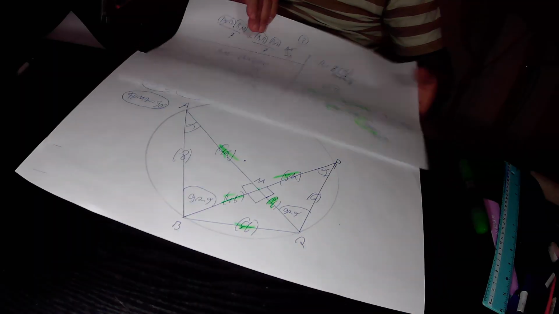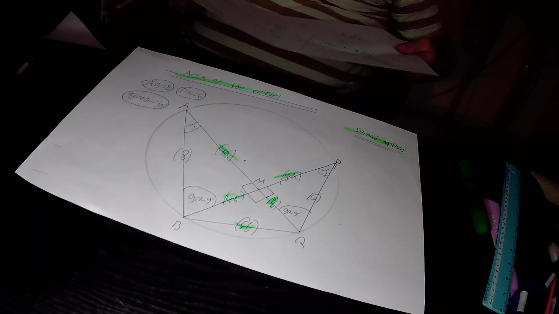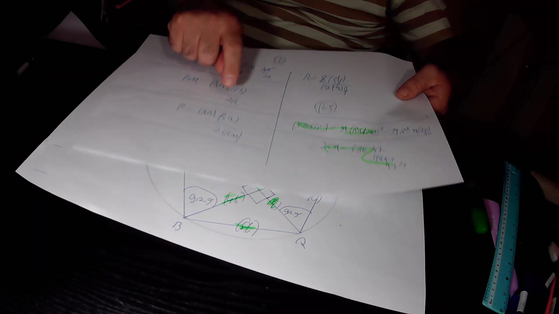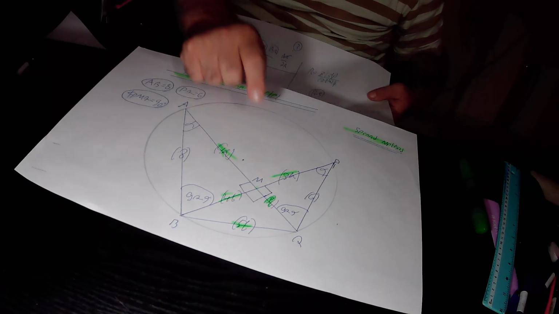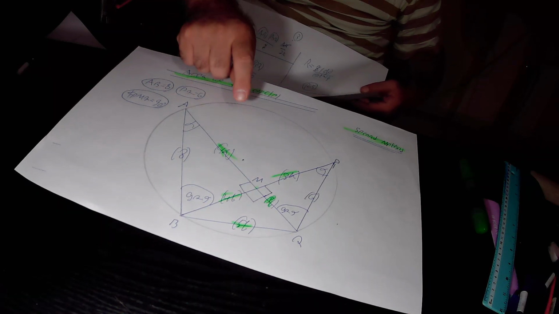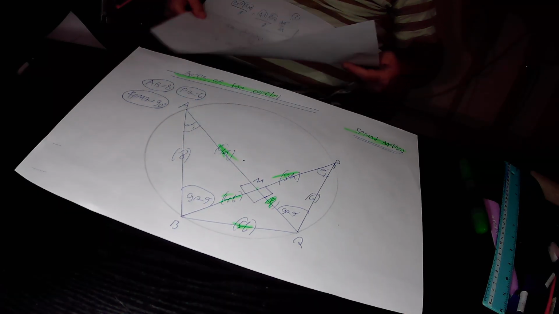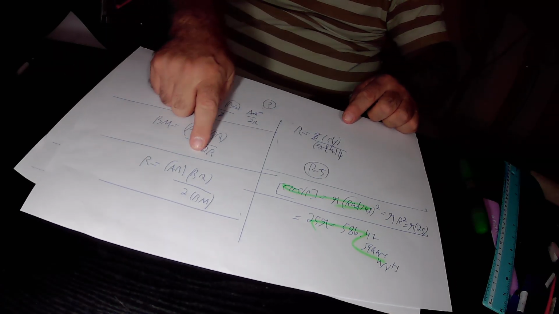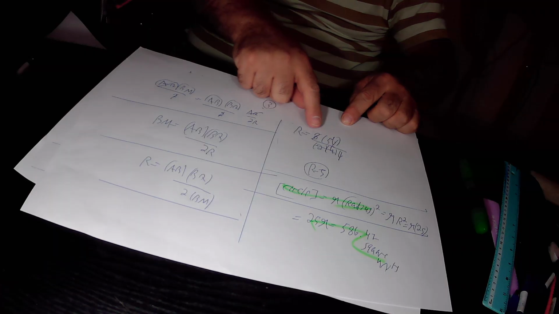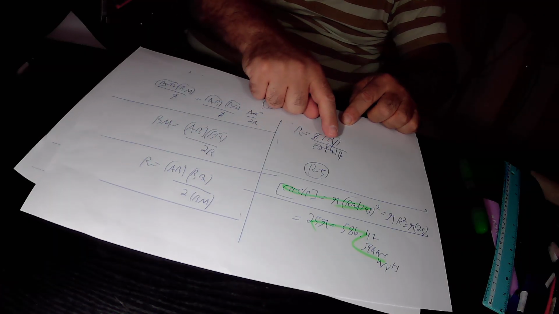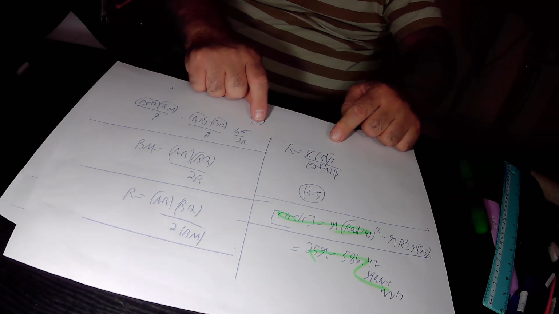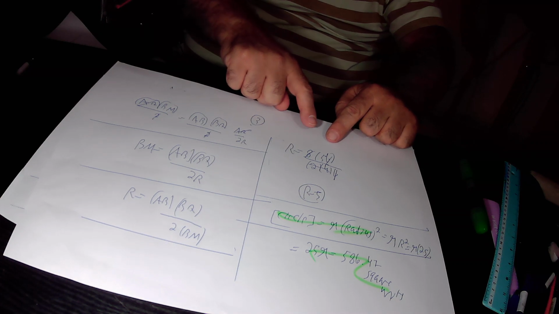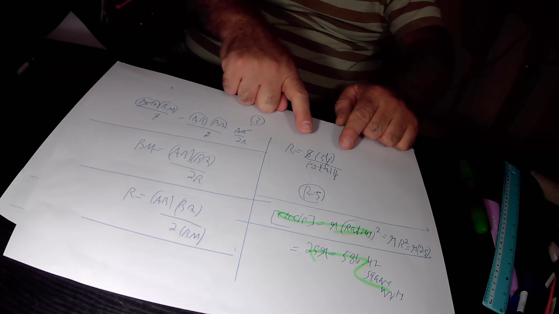So R equals AB. AB is 8 times BQ. BQ is 5B over 2 times MB. MB is 4B. Repeat again: AB is 8, BQ is 5B, and MB is 4B. So in total R equals 8 times 5B over 2 times 4B.